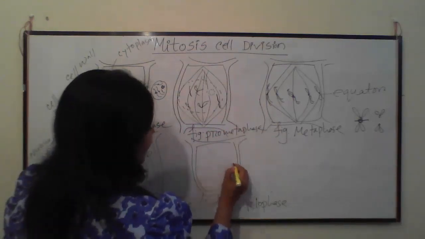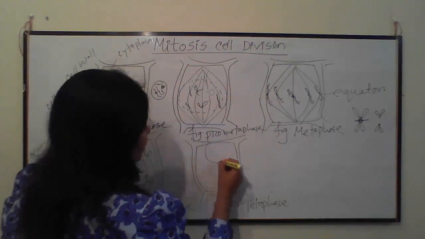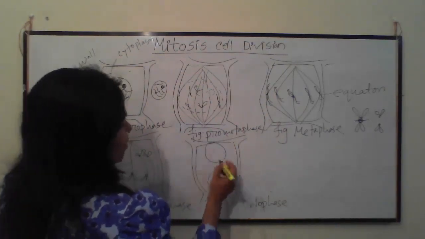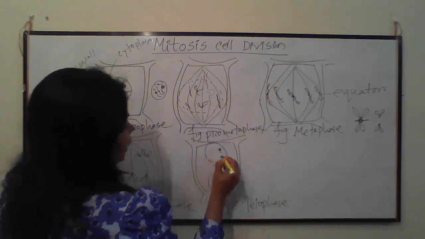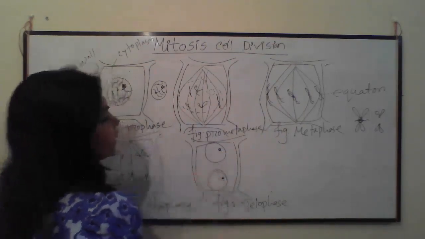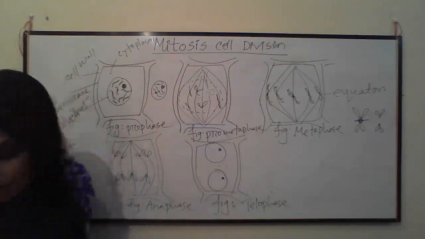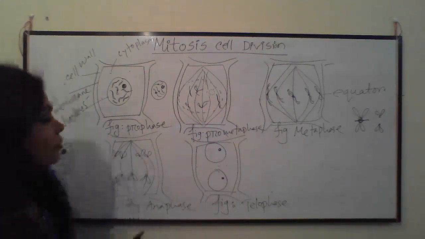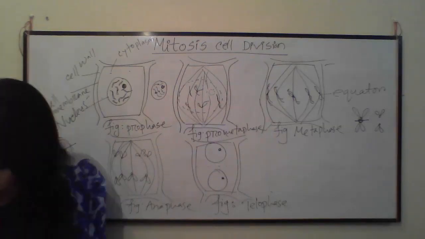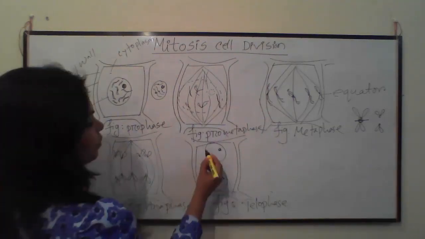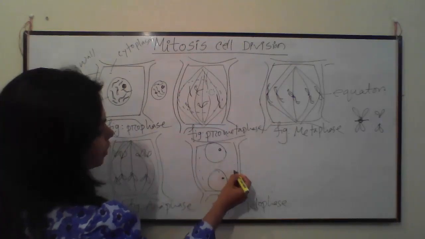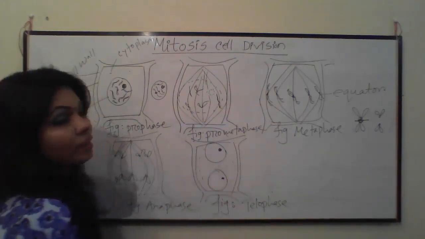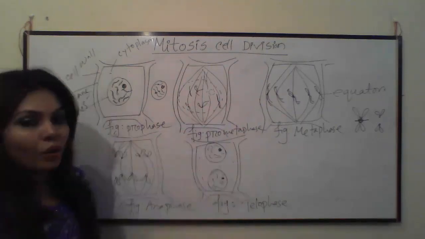Again there are two nuclear membranes, and the nucleolus reappears.